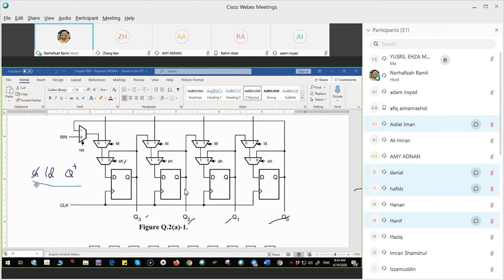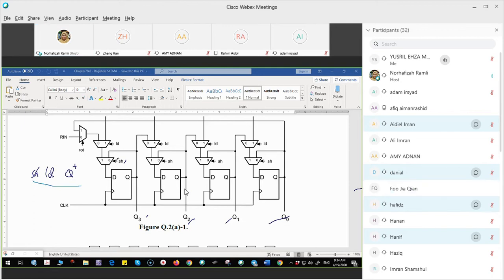That means if your shift is 0, no change. If it's 1, what happened? When this is 0, it will always be no change regardless of the X. You will always save the data.